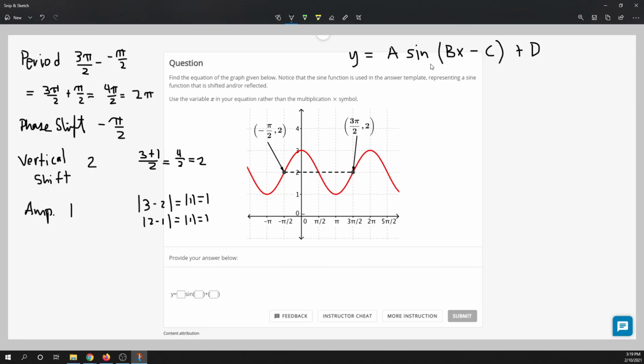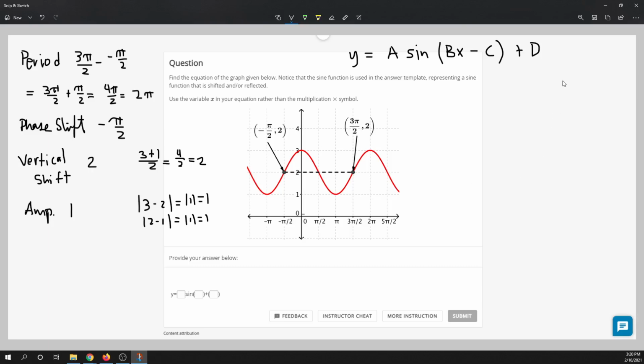And so the values that you put in these answer blanks: in the first answer blank, you're going to need to put the value of a. In the second answer blank, you're going to have to put bx minus c, and then you're going to have to put the vertical shift in this answer blank here.